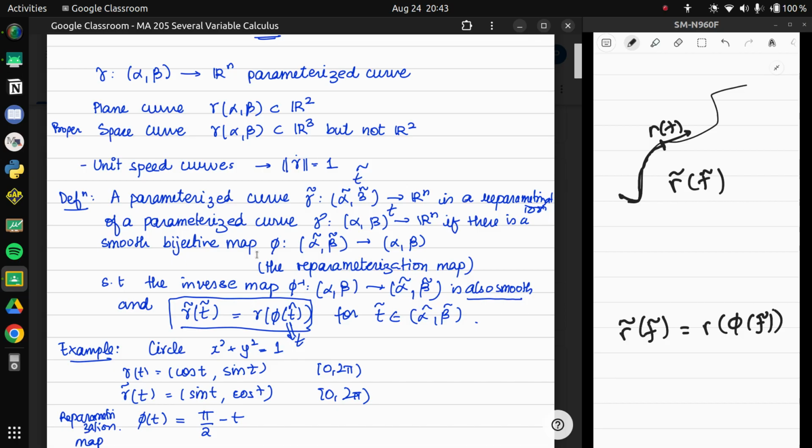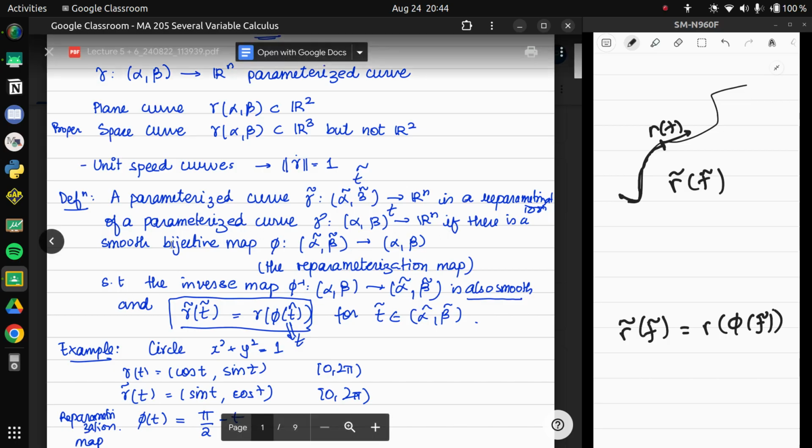What I mean is that the forward direction of phi is smooth, as in you can do the epsilon delta thing there. That is, phi is differentiable, and at the same time phi inverse is also differentiable. I guess differentiable is a better word to say here, because they're saying it's smooth.